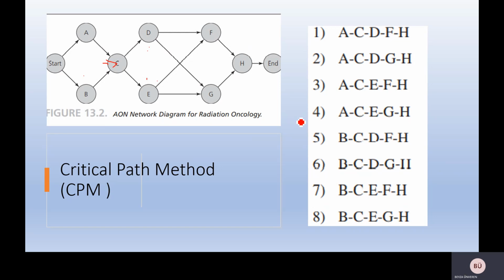A path is a sequence of activities that leads from the start node to the end node. Here, the radiation oncology project has 8 paths, and I will give an example. It starts with B, continues with C, then D, and then goes to H and to the end.